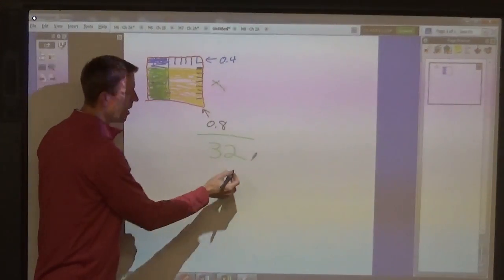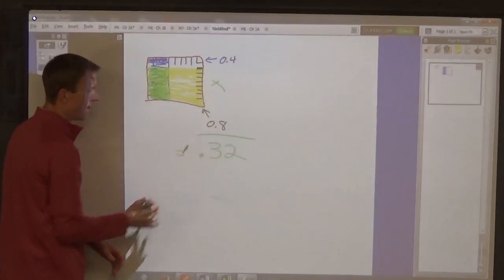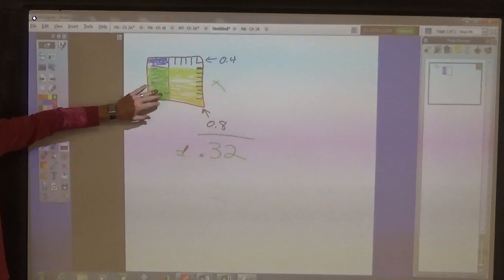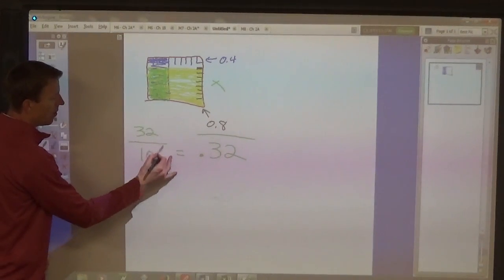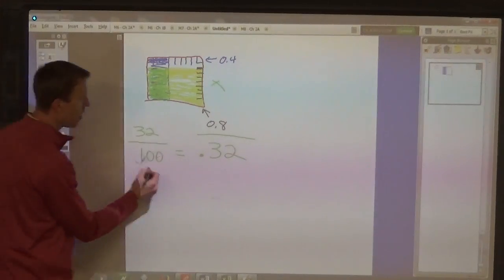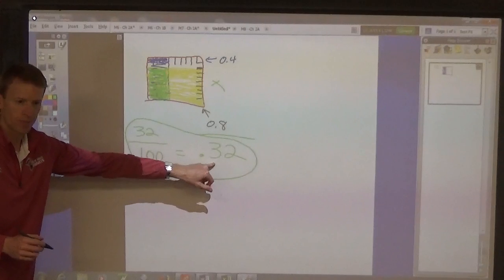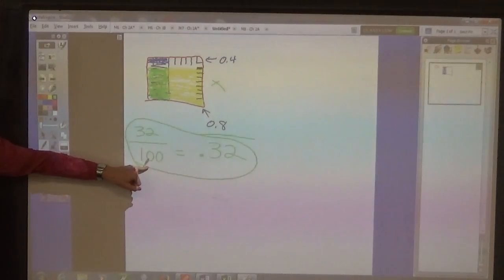Is it 32 hundredths? Or another way to write this, and this is really important, you guys, look up here, everybody. This is 32 out of 100. These two numbers mean the same thing. 32 hundredths is the same as writing 32 out of 100.